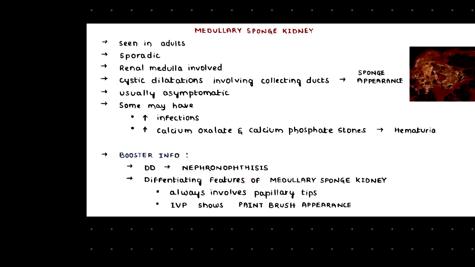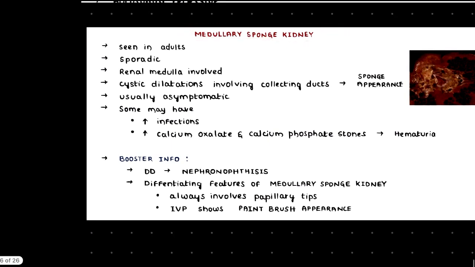By the involvement of papillary tips. If there is involvement of the papillary tip, then this is medullary sponge kidney. In radiological imaging, there will be a paintbrush appearance in the case of medullary sponge kidney.